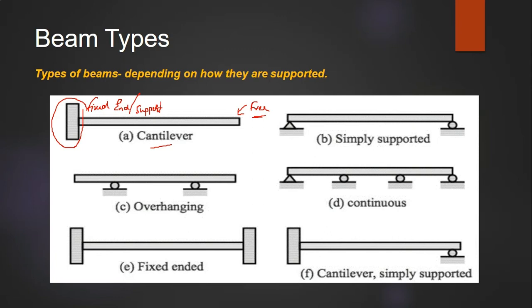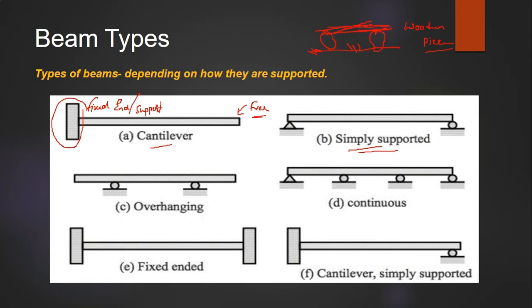And simply supported is nothing but a beam that is just placed over two supports. Let me just take an example. There is a stone over here, there is a stone over here. So this is the ground, there is some grass, something like a park. And suppose there is a wooden plank put here.